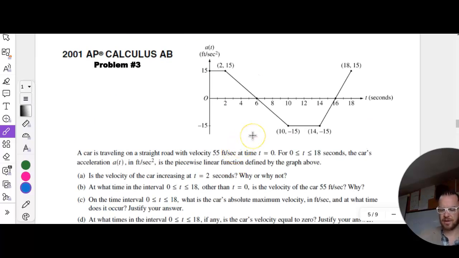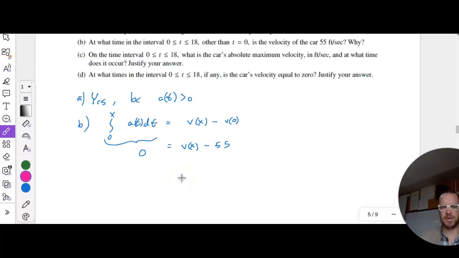Now, in order to figure out where that's happening, what I want to do is look up here and determine where the area under the curve will be exactly the same, because I want this area above to be exactly the same as the area underneath, which will happen right there at 12. That's when I've got the exact same area. That will make that integration 0, which means I'm going to be back to my original speed, v of x being 55.